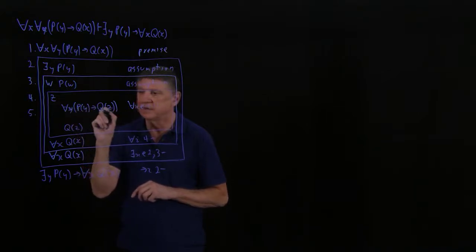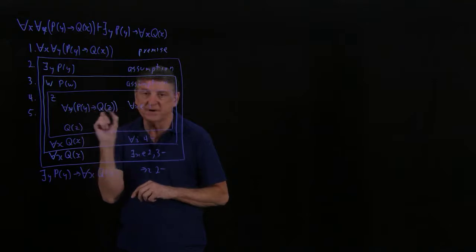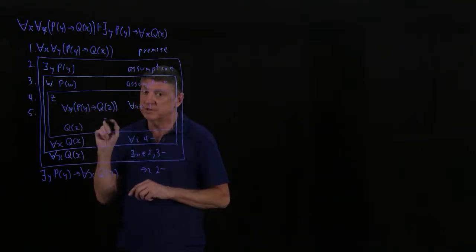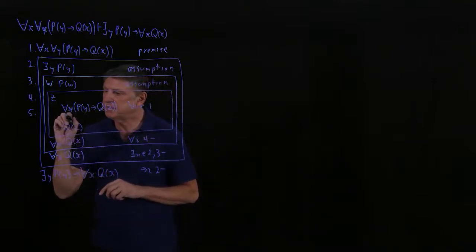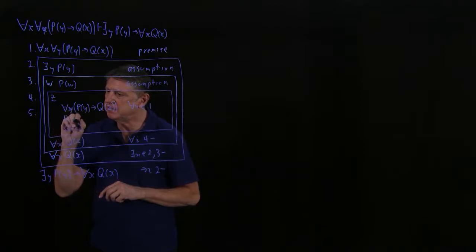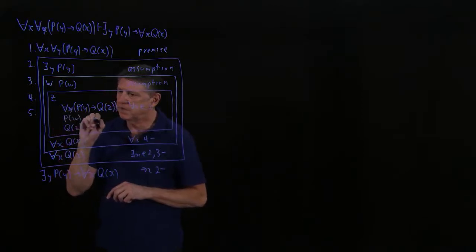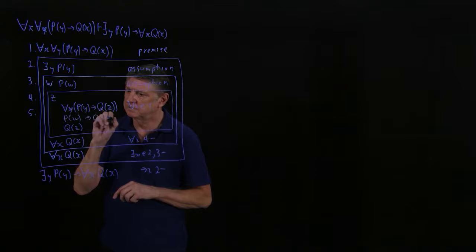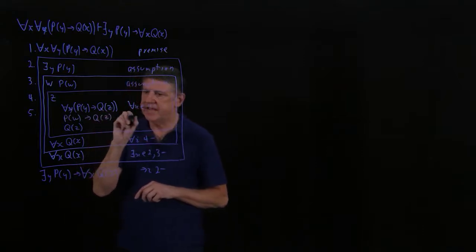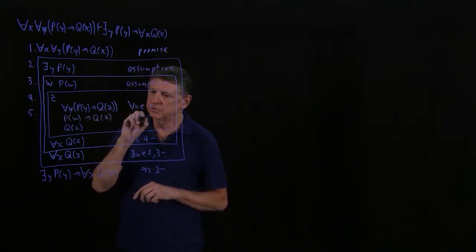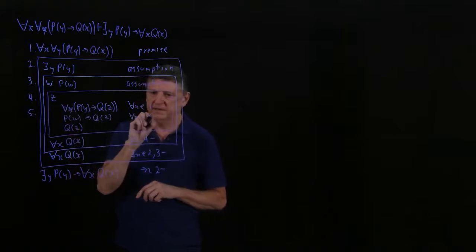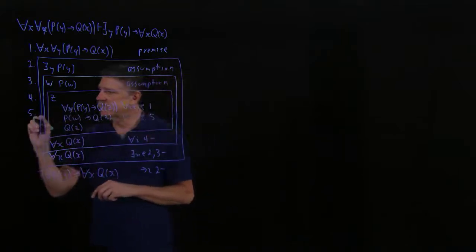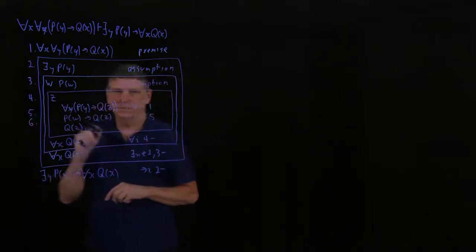I check w, there's no quantifier in here that mentions w, so w's fair game. So that means that I'm allowed to write p of w implies q of z, and I did that by universal elimination of line 5, and that is now line 6.